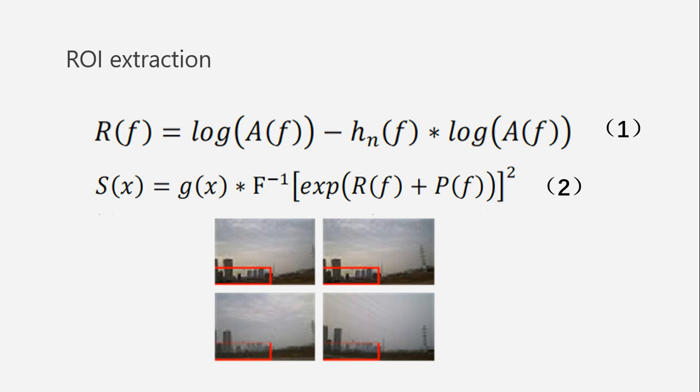Then the binary image is divided into a plurality of squares of 50 pixels by 15 pixels. The square with the largest number of saliency points is selected as the final salient region. The results of the selection are shown in the picture on this page.